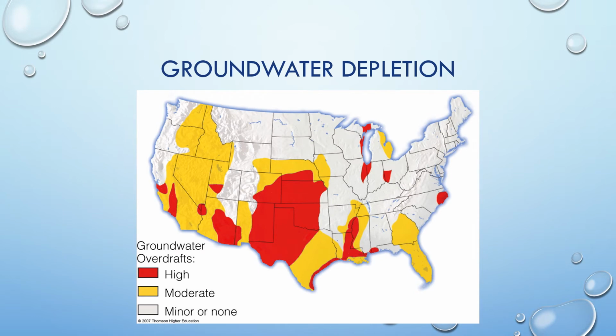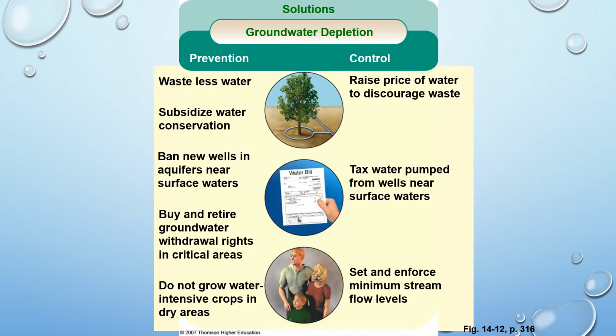So I mentioned earlier the Ogallala aquifer, and you can see that we are overdrafting the aquifer, so we have to be very careful about that and try to come up with ways to mitigate it and limit our use of that water. So what can we do?